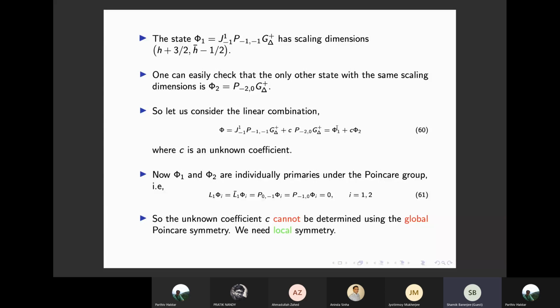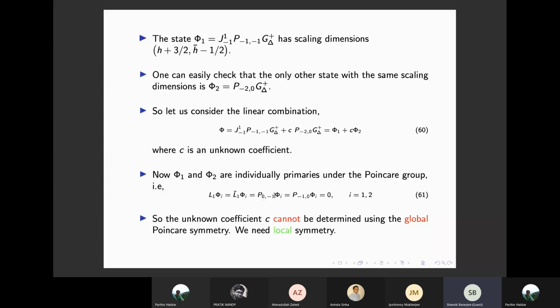So it is actually easy to check that this phi1 and phi2, so this descendant is phi1 and this descendant is phi2, are individually primaries under the Poincare group, that is L1 kills the state phi I for all I equal to 1 to 2. Similarly, L bar 1, and we also have the global space-time translations, P0 minus 1 and P minus 1.